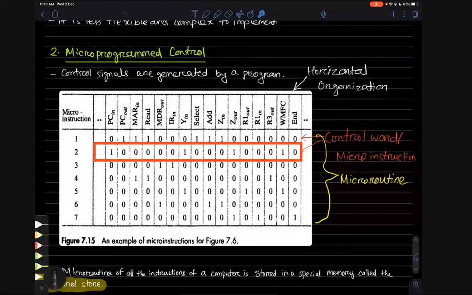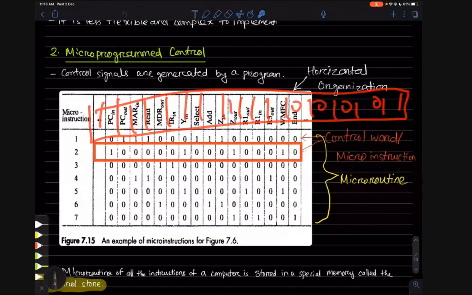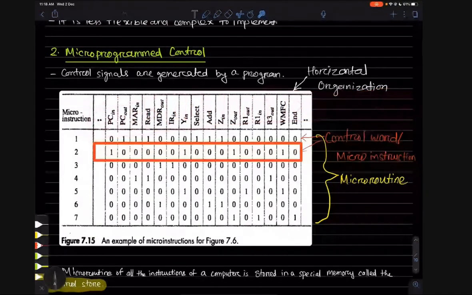Is it needed to specify a 0 or 1 value for every control signal? There will be a large number of control signals, maybe more than 100, so the control word size will be very long. It will contain lots of bits of data, and most of them are 0. Only four or five values will be 1, and the rest will be 0. So that is the disadvantage of this type of organization.